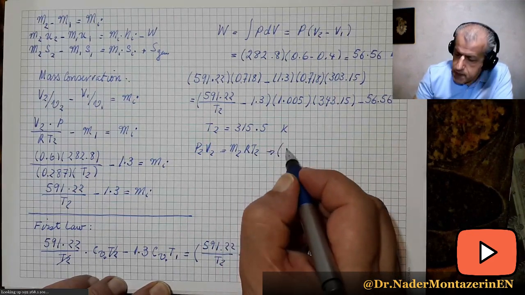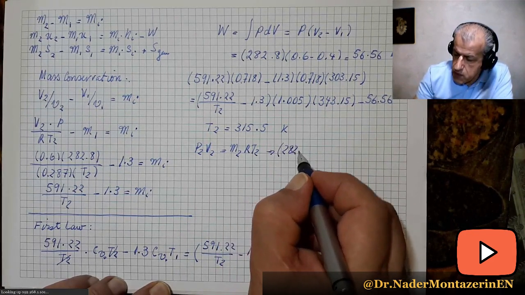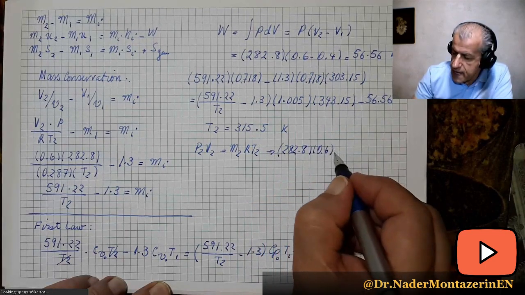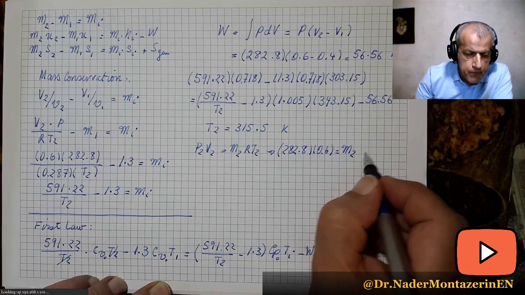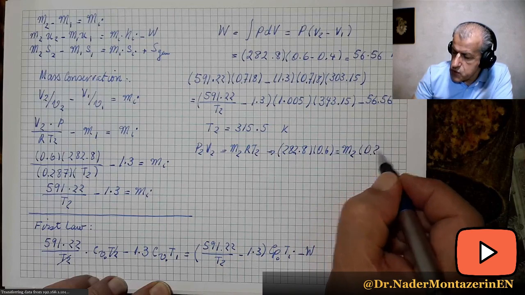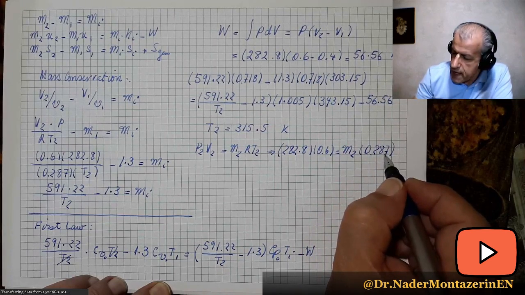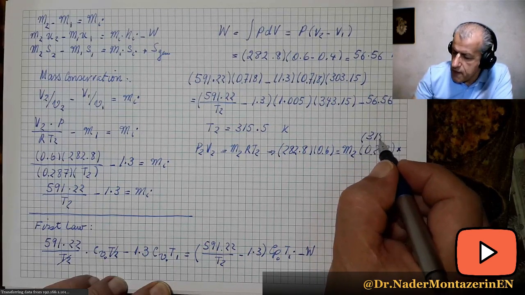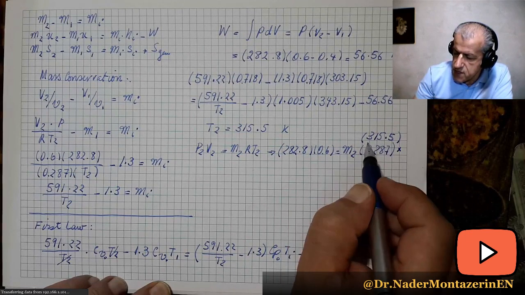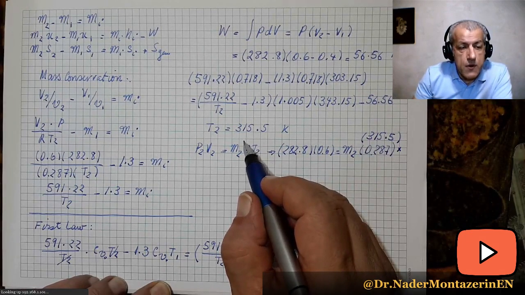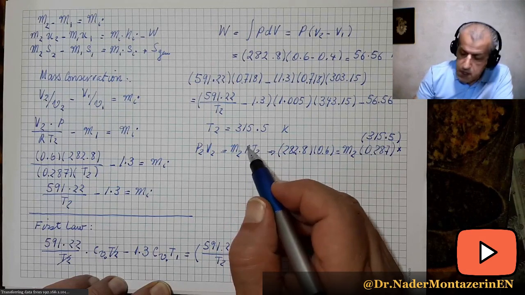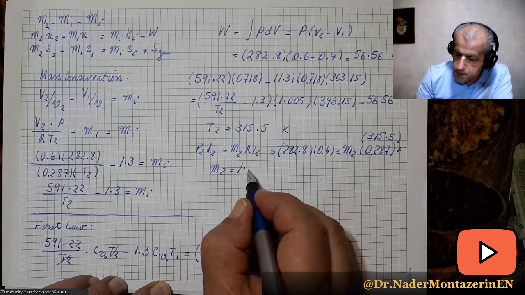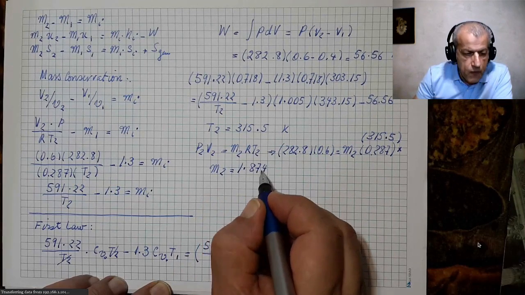So the pressure remains constant, 82.8 times 0.6, and that equals M2 times 0.287 and times 315.5, which is the temperature we have just calculated for the final condition. And this gives us M2 equal 1.874 kilograms.